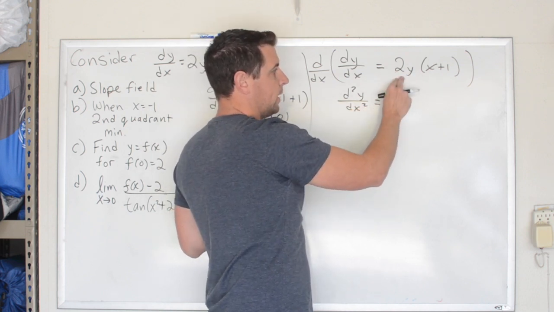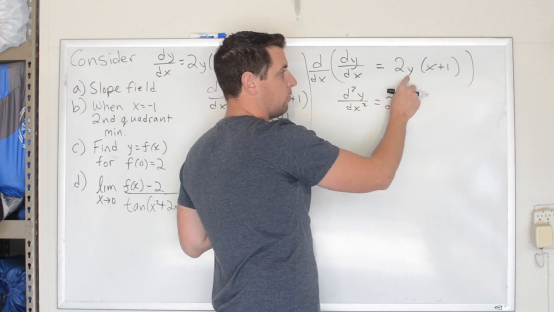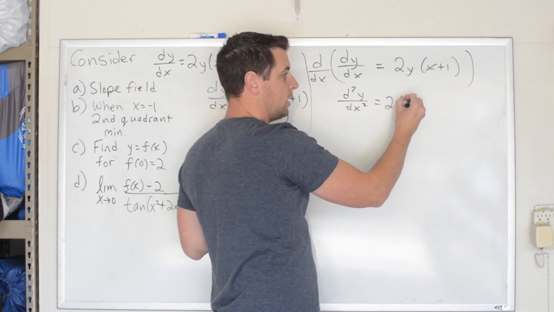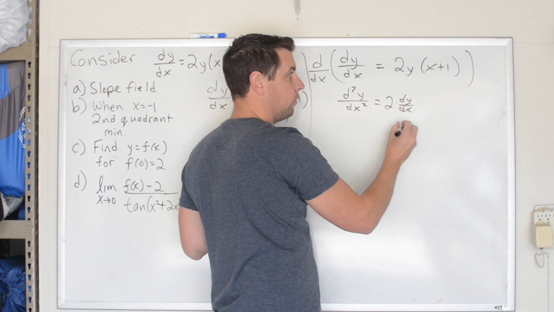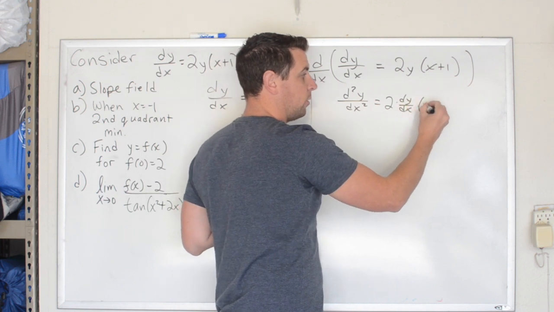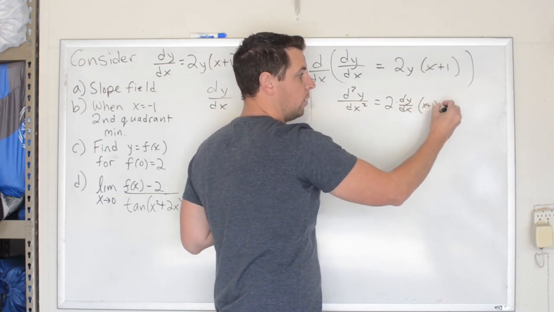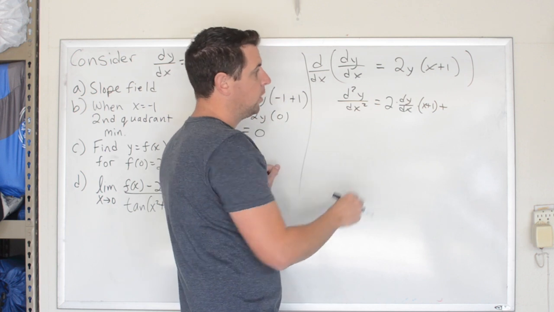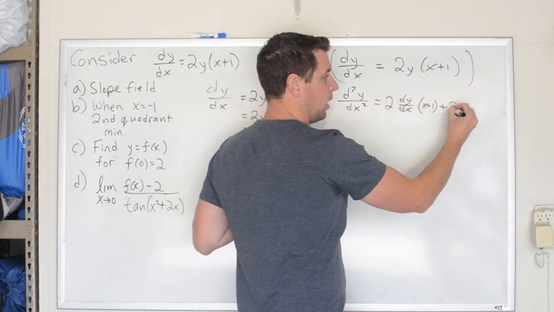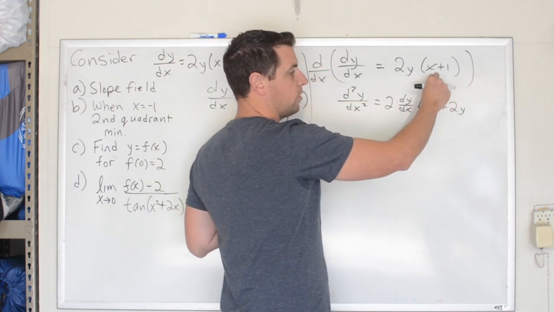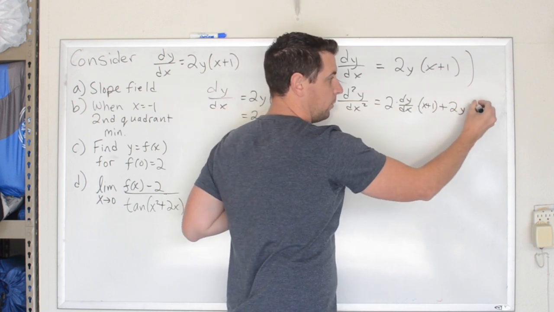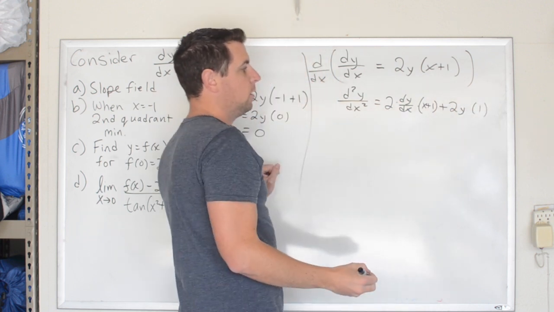That would be just 2, but because it's y stuff, it's going to create a dy/dx term times the original (x + 1) value here, plus, this is now the product rule, the first term, 2y, times the derivative of the second term, which is just 1. So we use product rule.